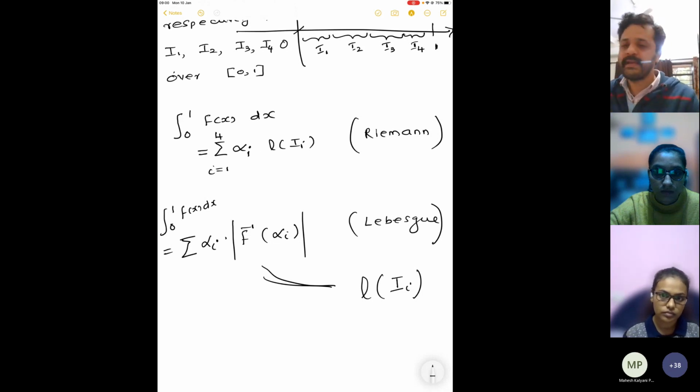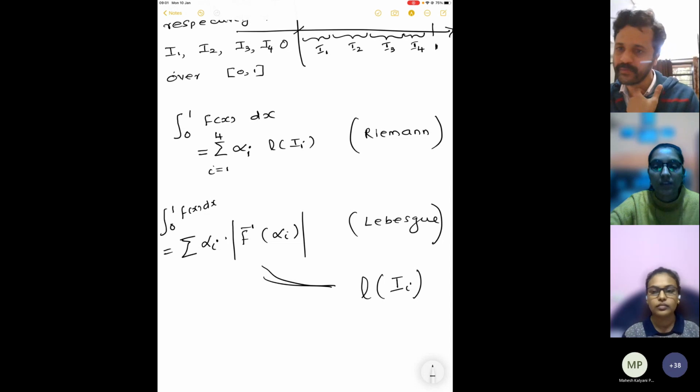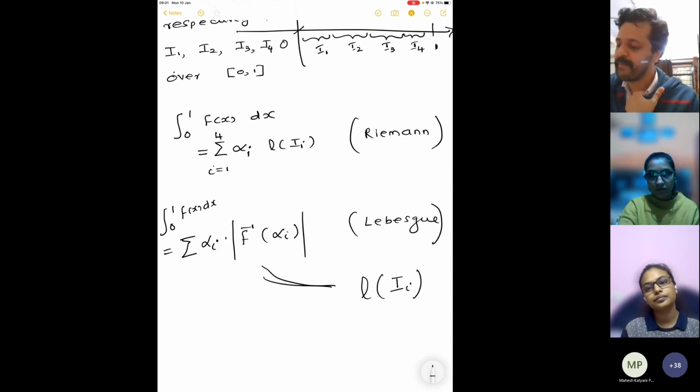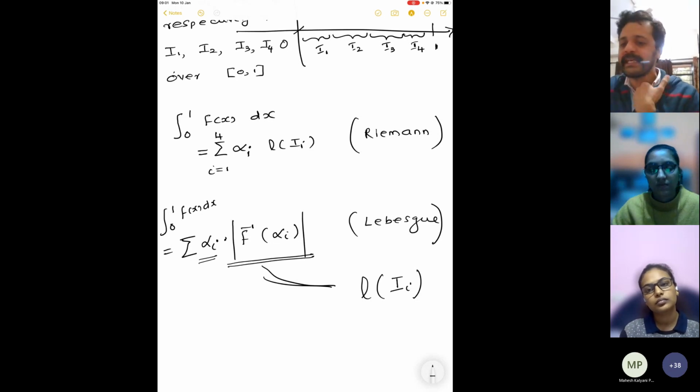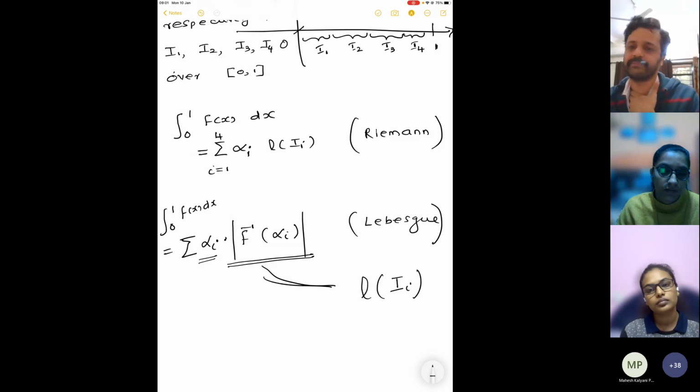I repeat, multiply the function values with the size of the sets where the function takes that value and sum it up. Are you with me? Yes, sir. Multiply function values with sizes of the sets where the function takes those values, do it for each value and sum it up.